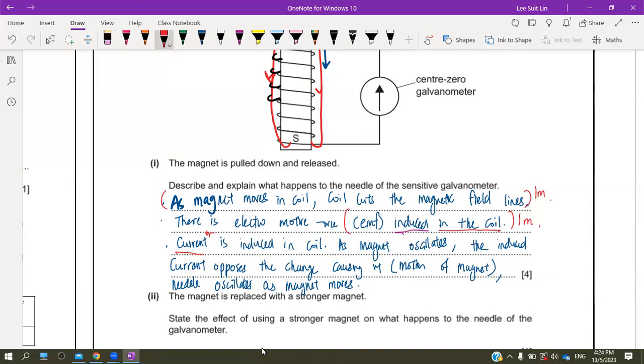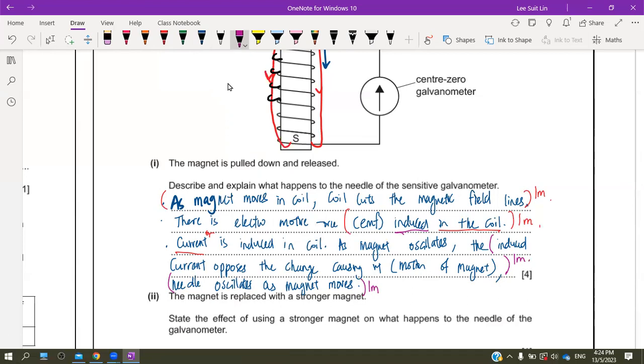It is in the coil. The next mark would be saying that the induced current opposes the change causing it, which is the motion of the magnet. And finally, you talk about the needle. The needle oscillates as the magnet moves. This is the final one.